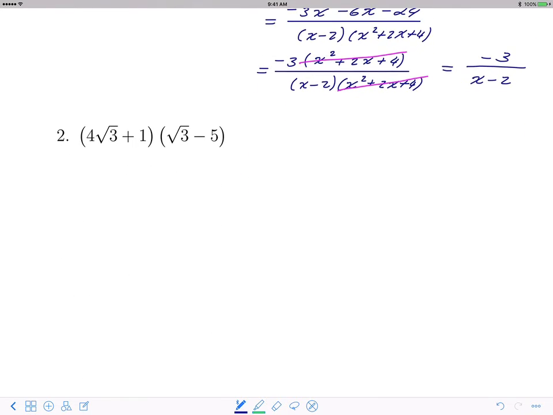For this next problem, again, we're going to multiply these two and then simplify. So 4 times square root of 3 times square root of 3 is 4 times 3. The next factor is 4 times 5 is 20, plus 1 times square root of 3 is square root of 3.